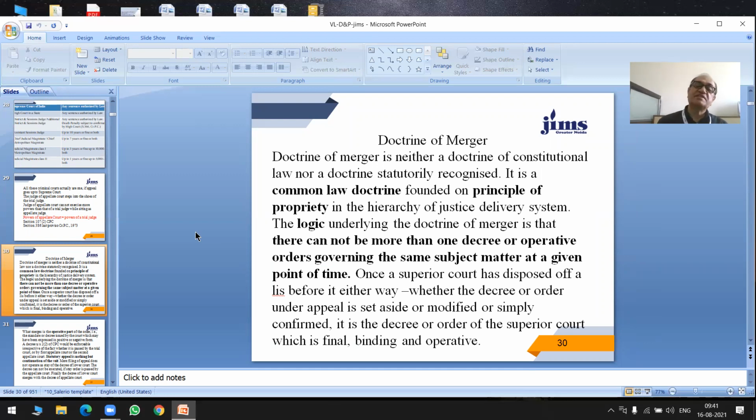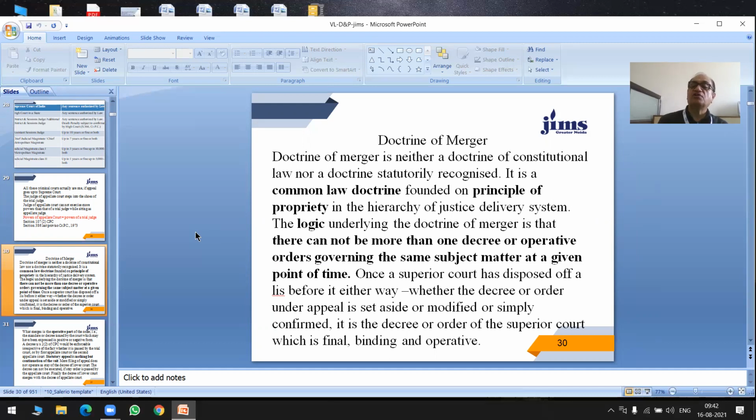The doctrine of merger says that all these 4 judgments will merge into one, and whatever is decided by the Supreme Court or the final court will be executed. This doctrine of merger is neither a doctrine of constitutional law nor a doctrine statutorily recognized.